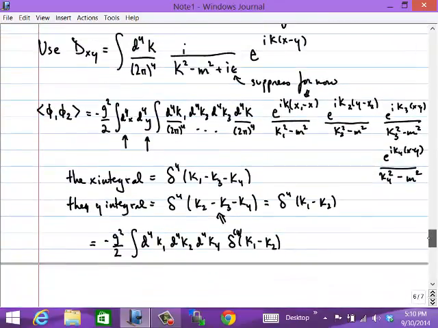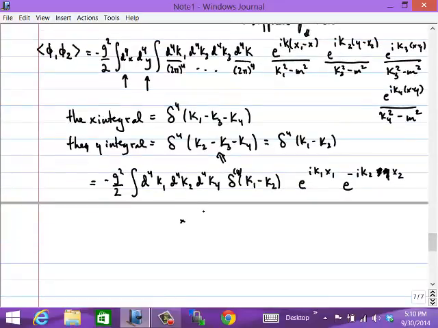And then most of those phase factors disappear. So all I'm left with is an e to the i k1 x1 and an e to the minus i k2 x2. And then I have the various denominators.